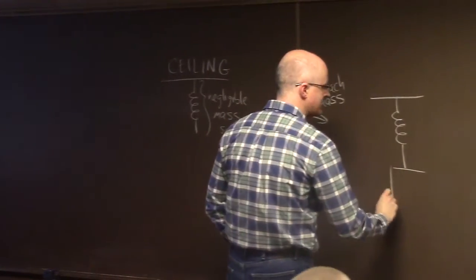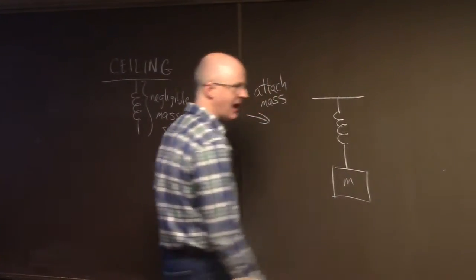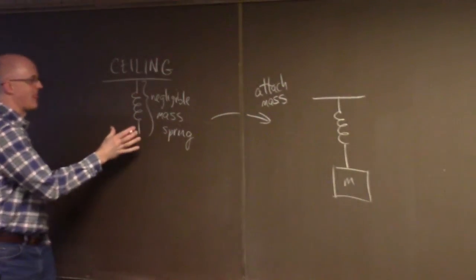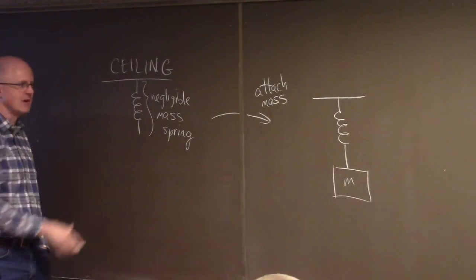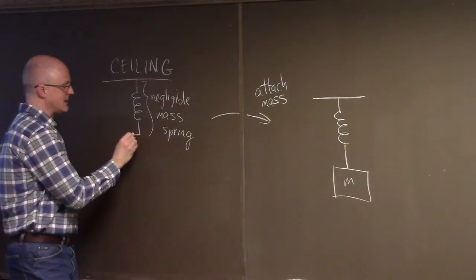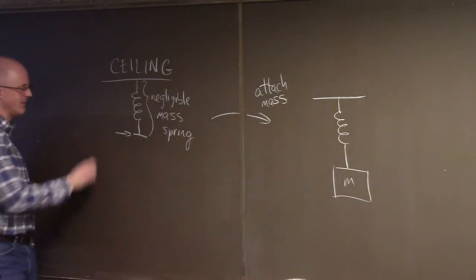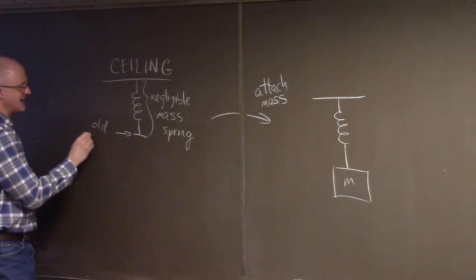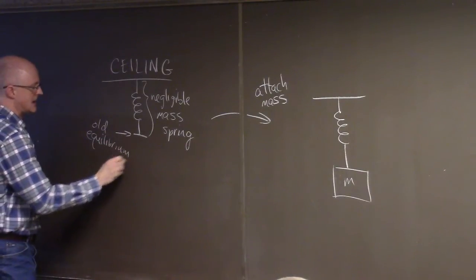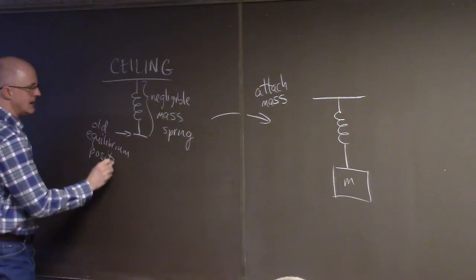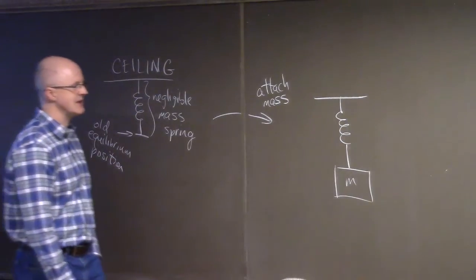And when we attach the mass, because of the force of gravity, the mass is going to pull the spring further down. Its old equilibrium position here for the bottom was that. Its new equilibrium position is further down.